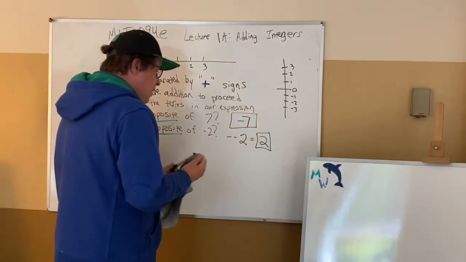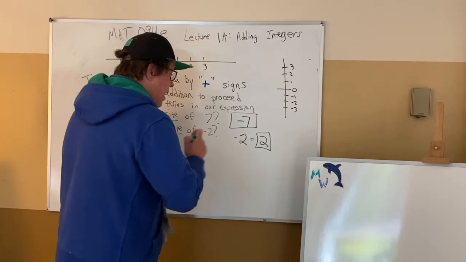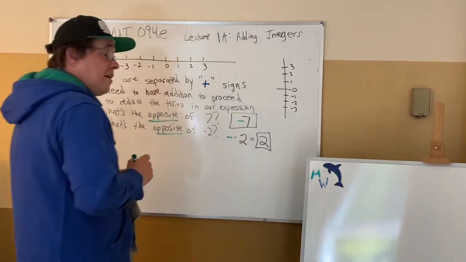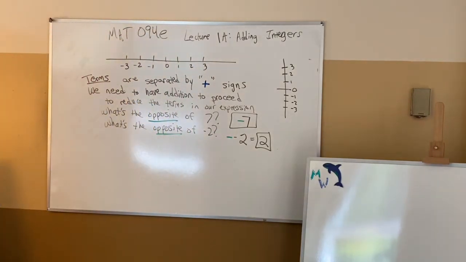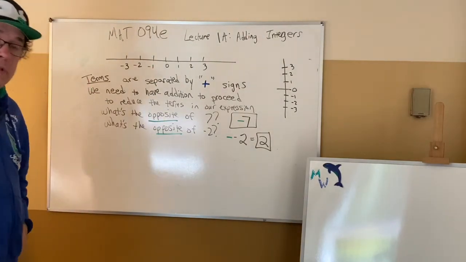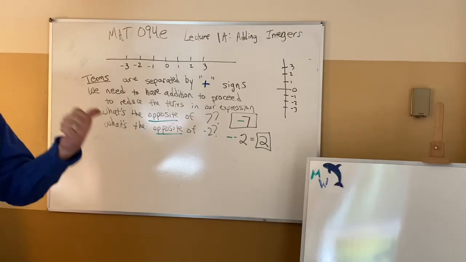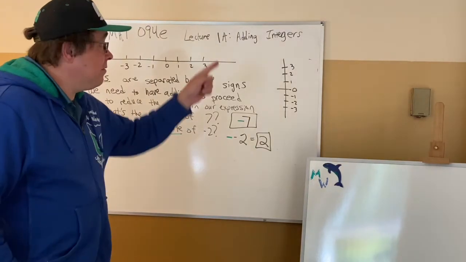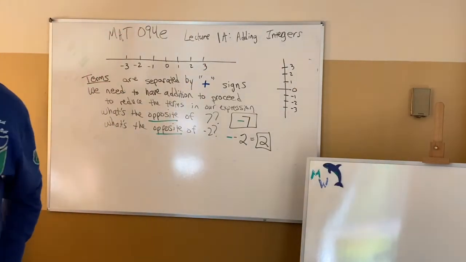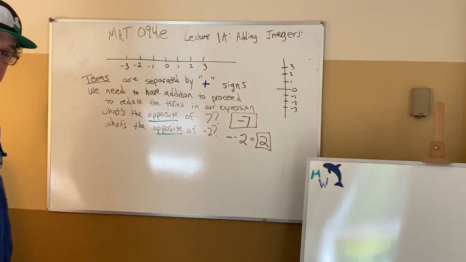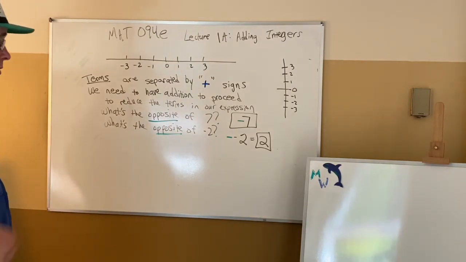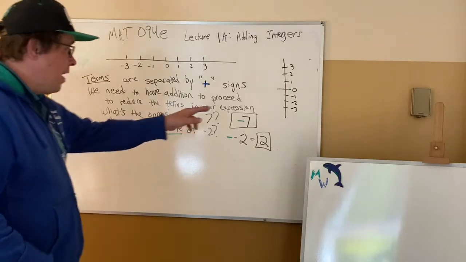But if we look at our negative 2, which was already black, and we have the dash for the negative right there that you think is a negative, it's actually the opposite of negative 2. And those will lead us to two of the names that we have for a dash. One is called opposite, one is called negative, and since we're doing adding integers in this lesson, we're not going to call it minus at all in this lesson. We're going to call it negative if it sits right in front of a digit.